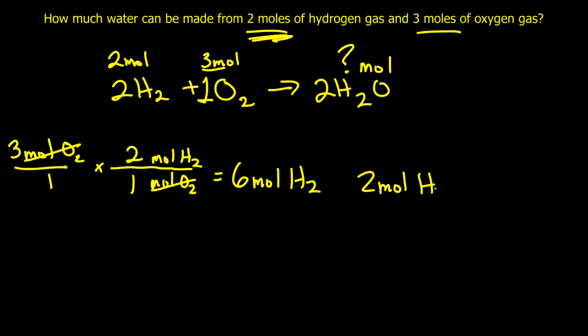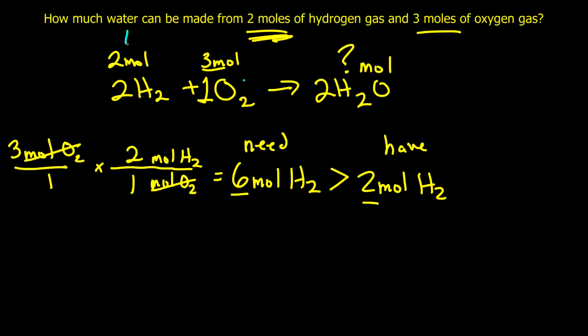So I'm going to do a little less than or greater than comparison. Which value is bigger, 6 or 2? Well, 6 is greater than 2. So I need 6 moles of H2. I have 2 moles of H2. I don't have enough. I don't have all that I need.